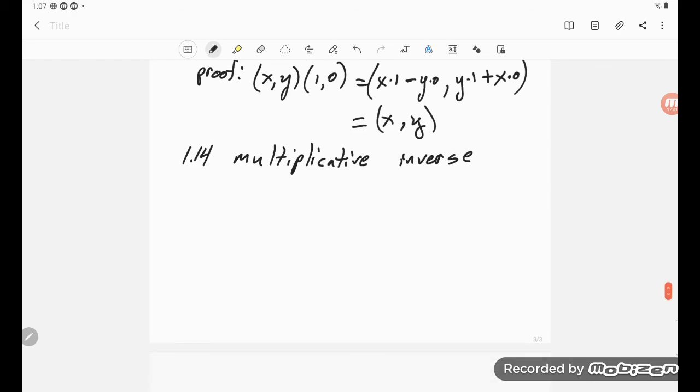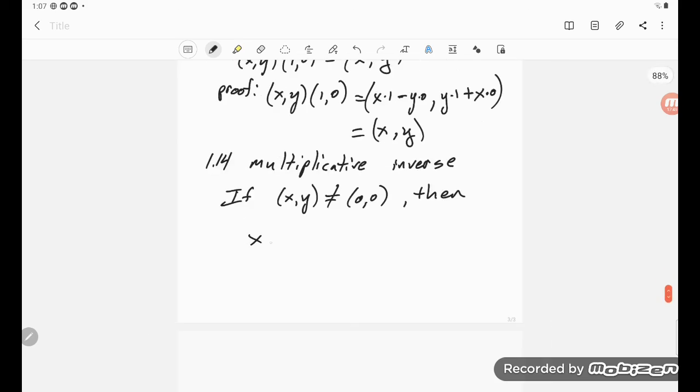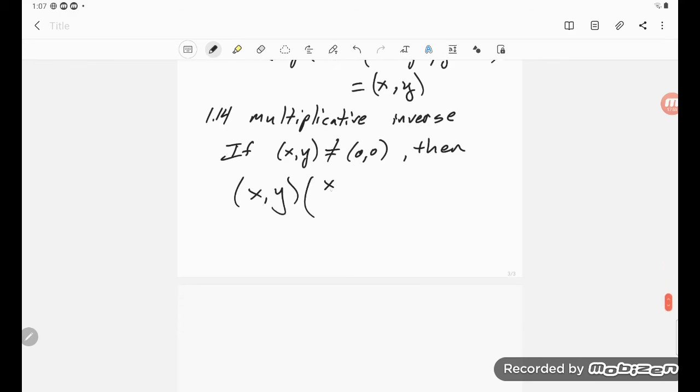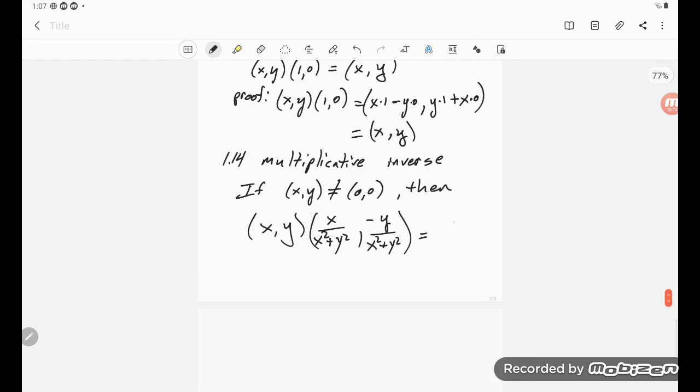So if (x, y) is not equal to (0, 0), then what we have is that (x, y) times (x over x squared plus y squared, comma, minus y over x squared plus y squared) is equal to the multiplicative identity (1, 0).